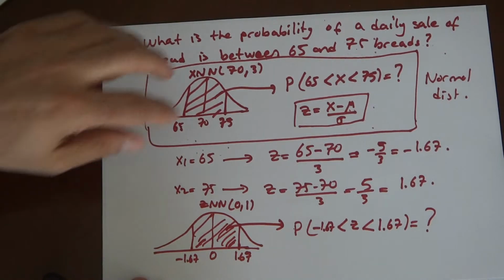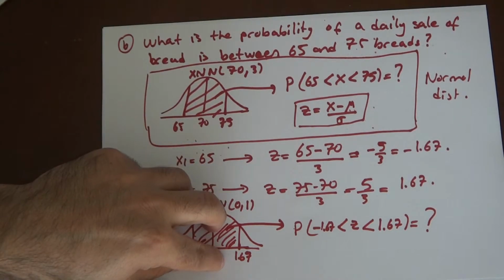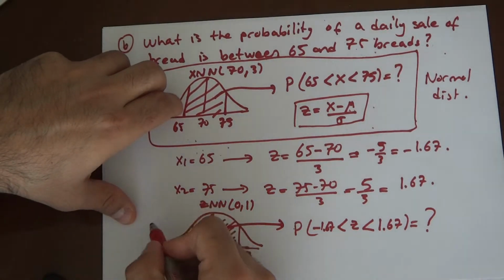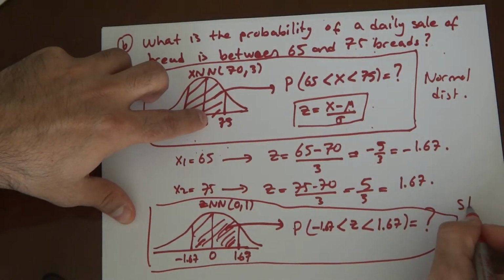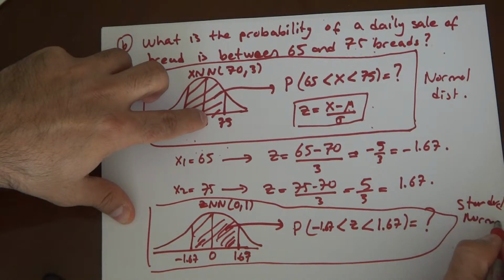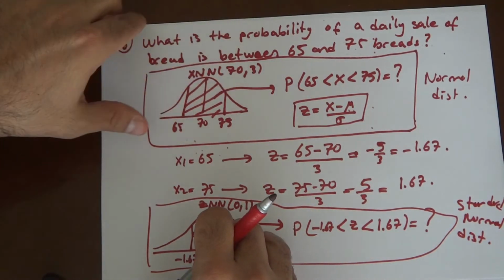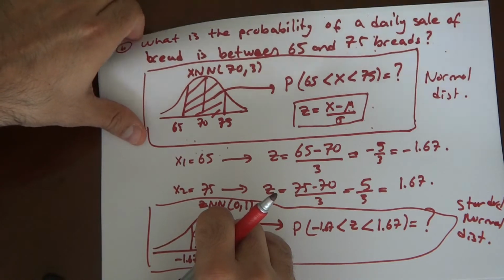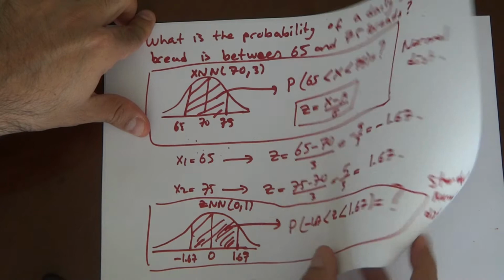First I am transferring the question into a question in the standard normal distribution. Now this is the question. I haven't solved it yet, but what I did here is transform everything into a standard normal distribution. Why?